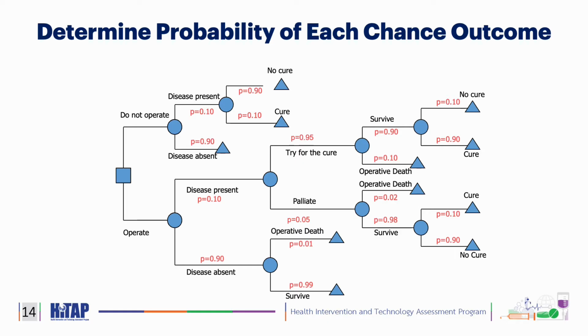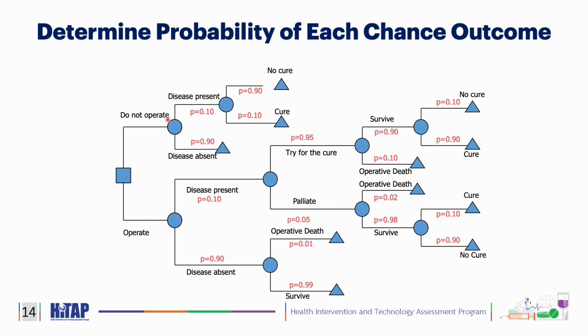So after we have the decision tree that already represents all the sequences of events, right? We will start by applying the probability of each chance outcome. Starting from the top again, if the patient chooses not to operate, the patient can go to either disease present or disease absent.